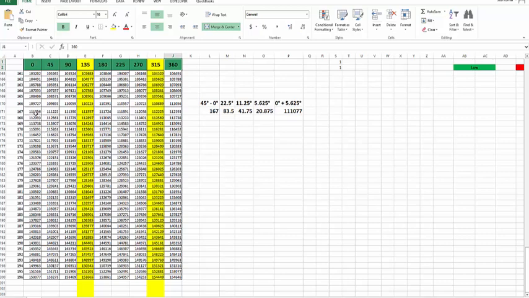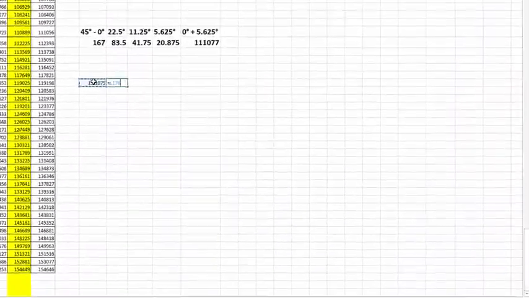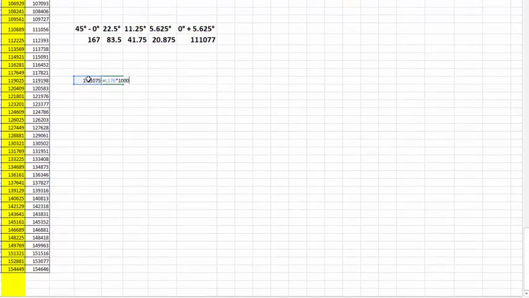So 111075 falls between these two levels, 111056 and 111223. Remember that we converted that. This was our scale, 1.11075, and we multiplied it by 1 million basically, to get this number.